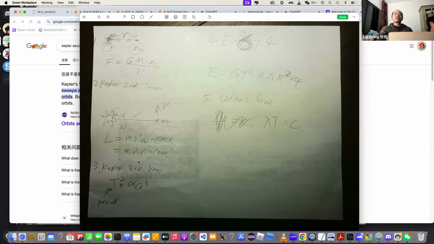That is Kepler's third law. Formula 4 is Stefan's law. What it tells you is how much energy would be emitted by a star at a specific temperature.